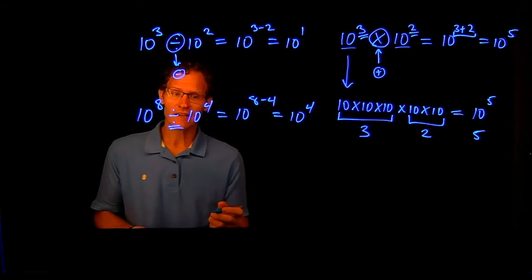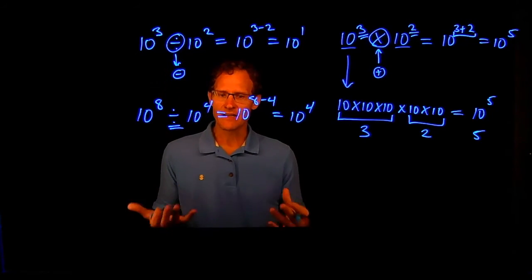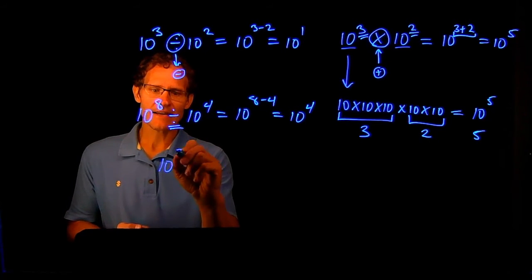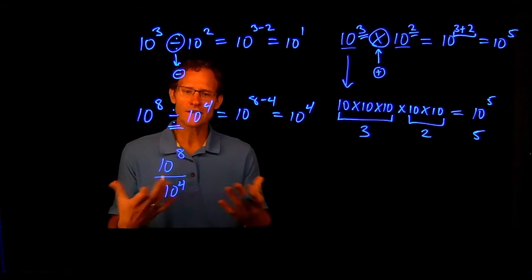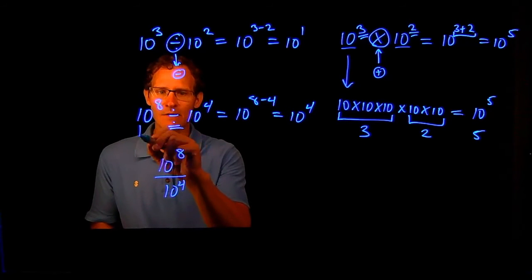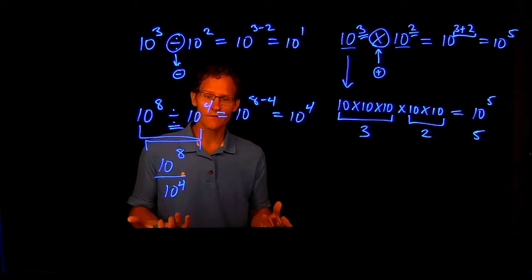Things can get a little more tricky though when the expressions are represented in different ways. For example, if we have 10 to the 8th written as 10 to the 8th over 10 to the 4th, this is mathematically exactly the same as this. These two expressions are equivalent.